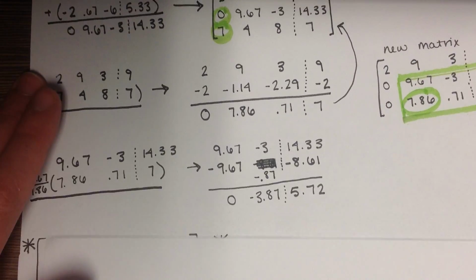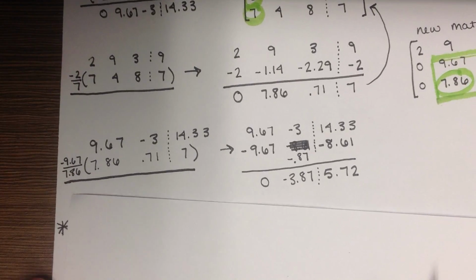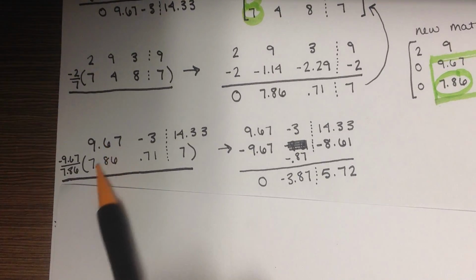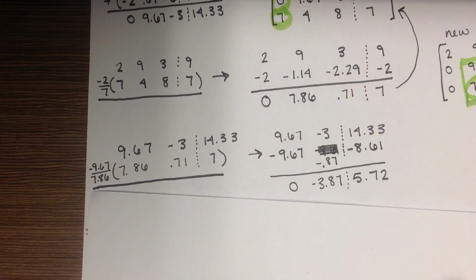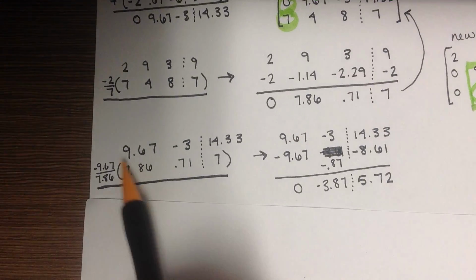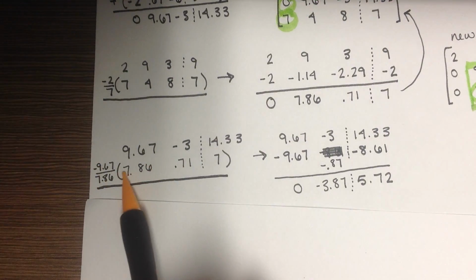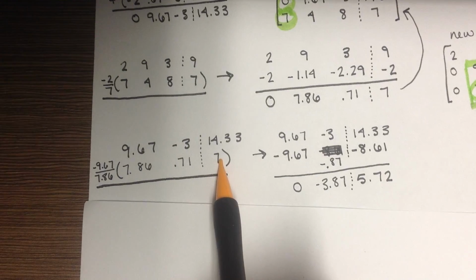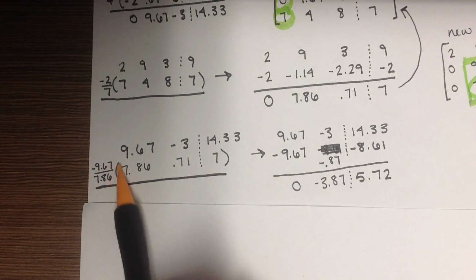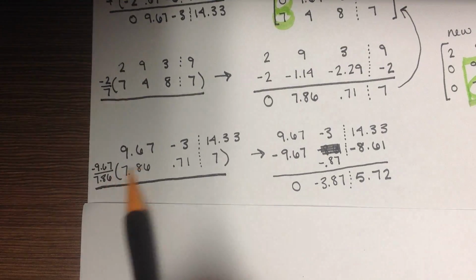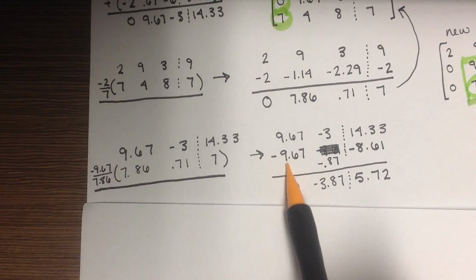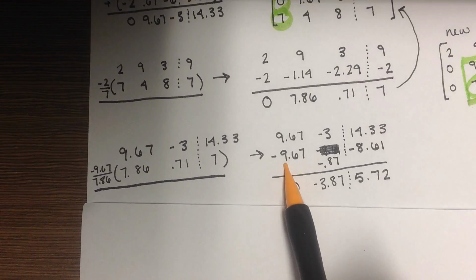Moving on, we're going to use 9.67 and 7.86 that we just got, that were right here, and move them over here along with the rest of their row. And we're going to multiply the bottom row by -9.67 over 7.86, so that this value right here will be equal to -9.67.